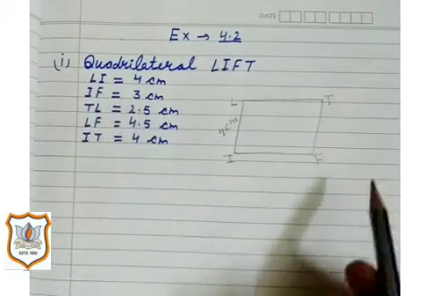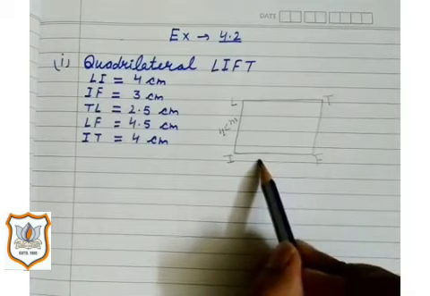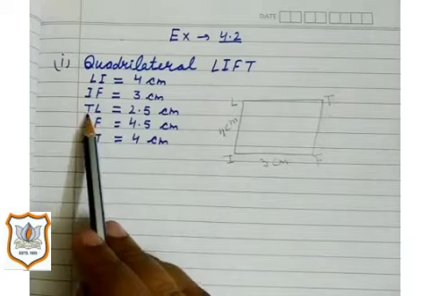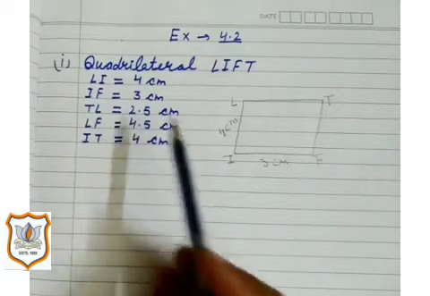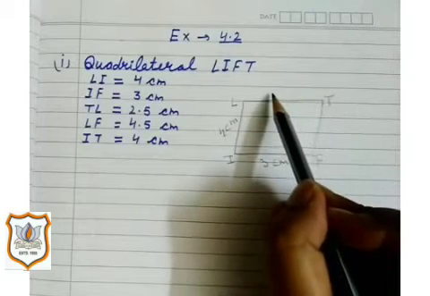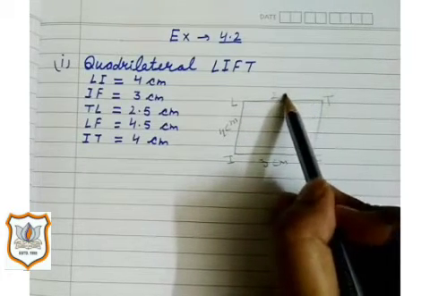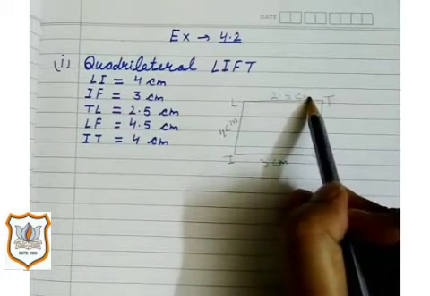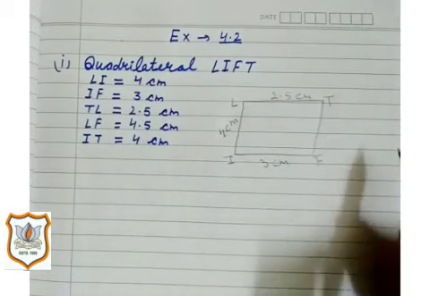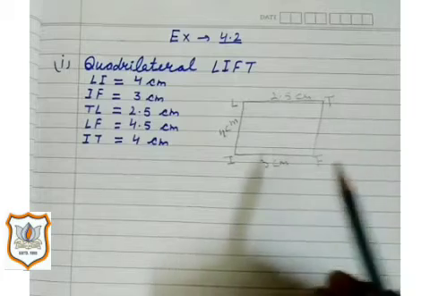IF is given 3 centimeter, so we write 3 centimeter here. TL is equal to 2.5 centimeter, so we write 2.5 centimeter here. LF is equal to 4.5 centimeter, so we write LF.